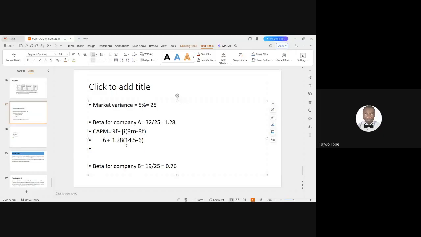Sorry. That will give us 16.88, not 0 as I earlier mentioned. Some students got 61.88, but it's 16.88.